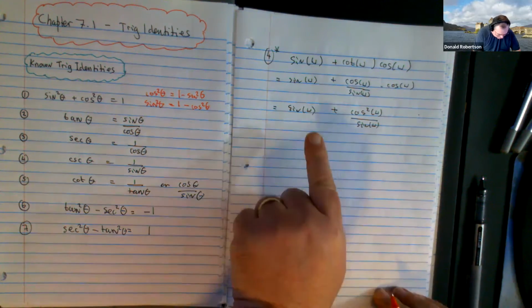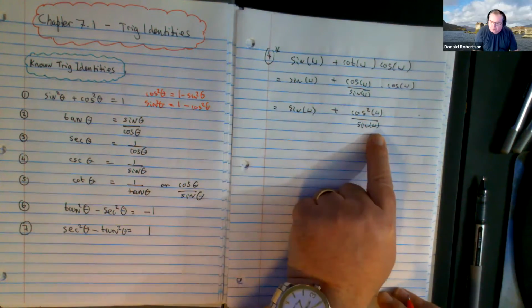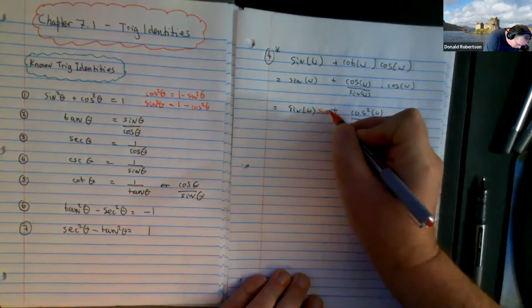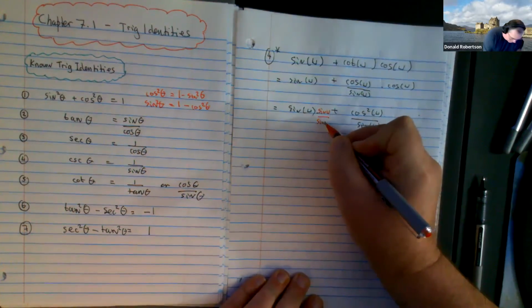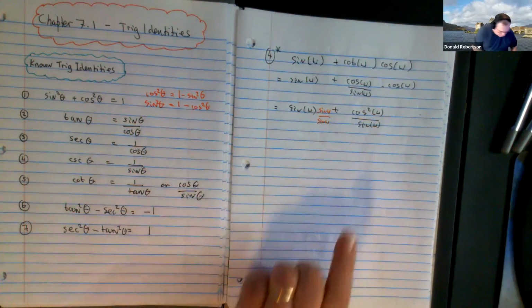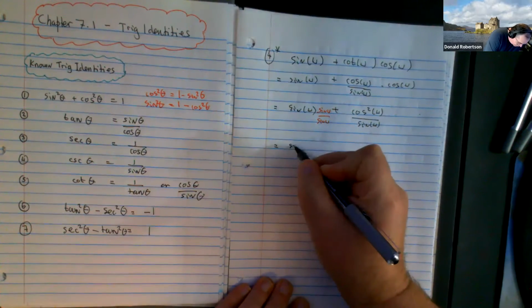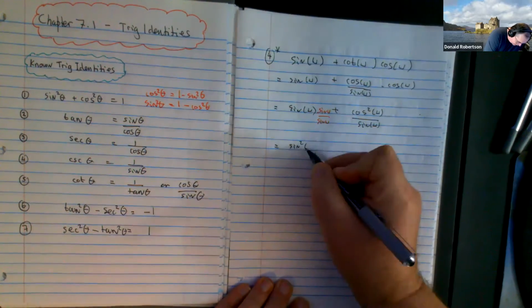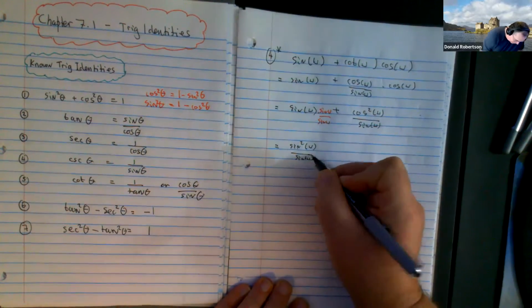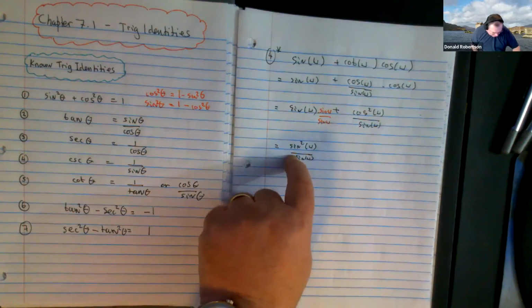So I'm going to turn this guy into a fraction with sin u on it. And I'm going to do that by multiplying the top and bottom by a special version of 1. Right? As long as you do it, isn't that essentially 1? And what that allows me to do now is sin times sin is sin squared u all over sin u. So that's basically sin u being turned into this fraction.